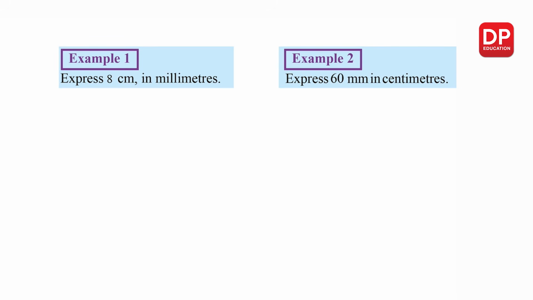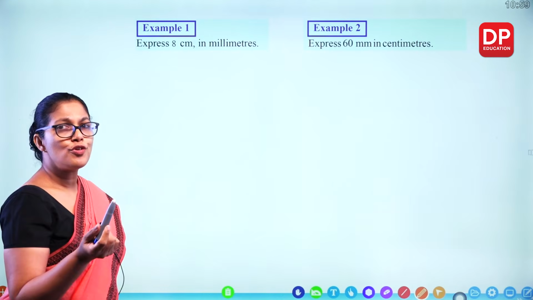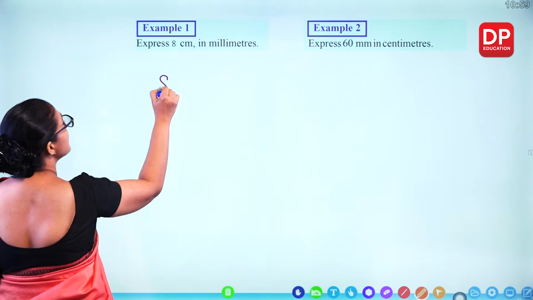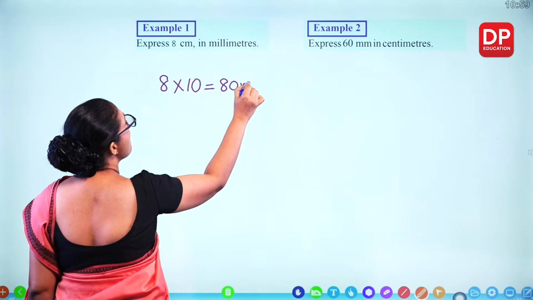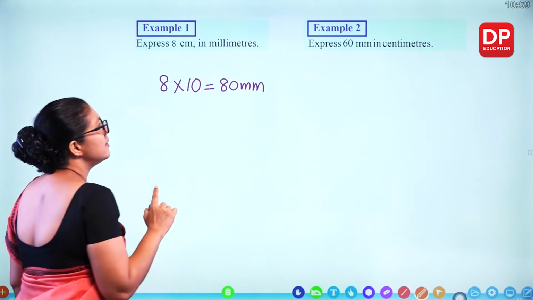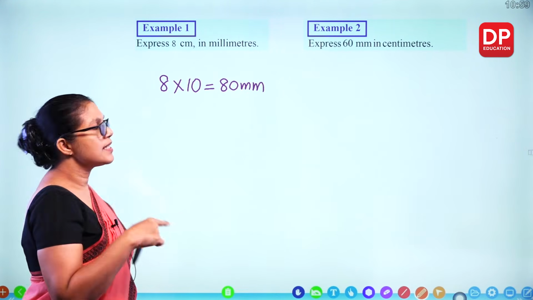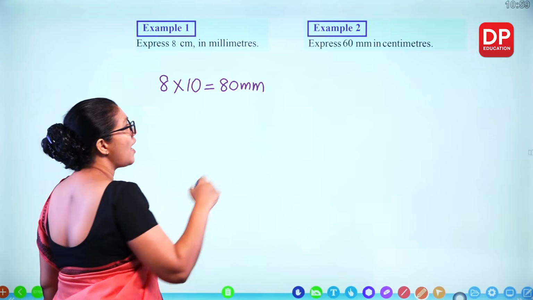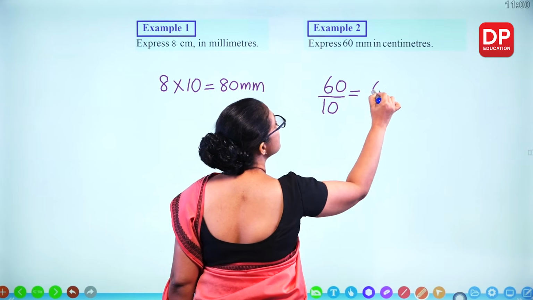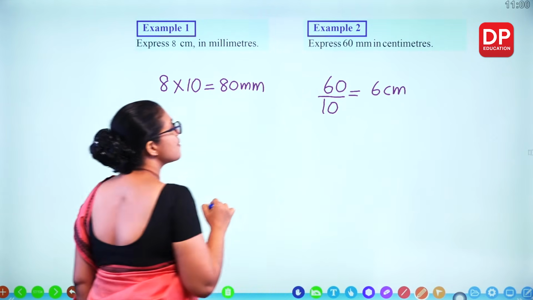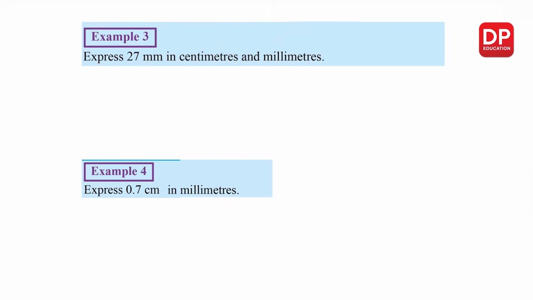Example 1. Express 8 centimeters in millimeters. What you do? You multiply by 10. So you get 80 millimeters. Express 60 millimeters in centimeters. You divide by 10. So you get 6 centimeters. Example number 3.